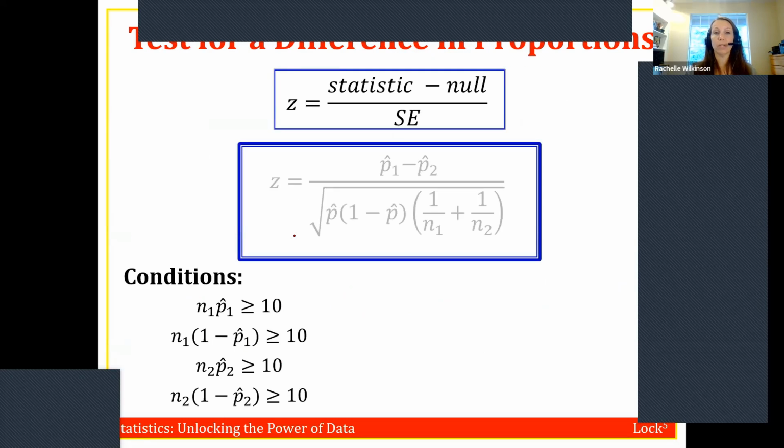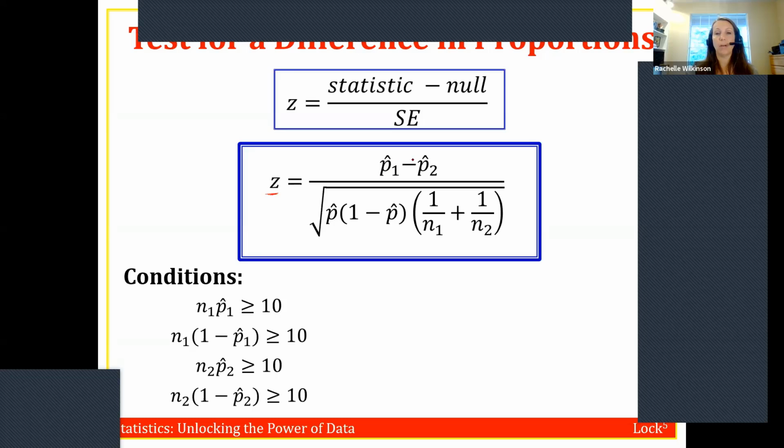And so when we're figuring out our test statistic, we're going to use that pooled proportion in place of P1 and P2 in our standard error formula. And when it simplifies down, this is what the resulting formula looks like. This is our test statistic. It's a Z test statistic.